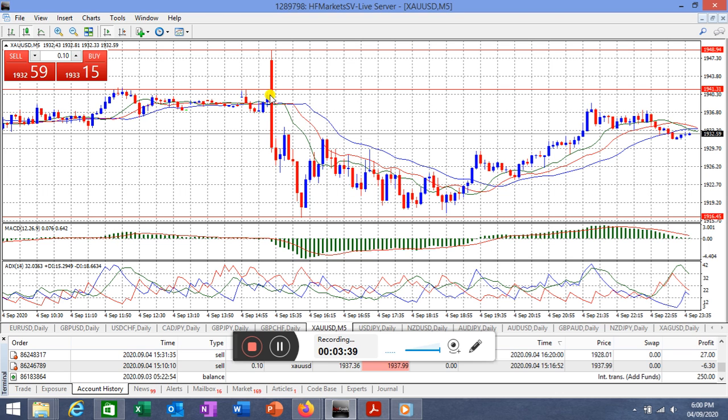Waited some more, flashed up, came down, right? I think I entered the trade maybe just about here, right? Was thinking at the time that probably I'm looking at close to $200, right?